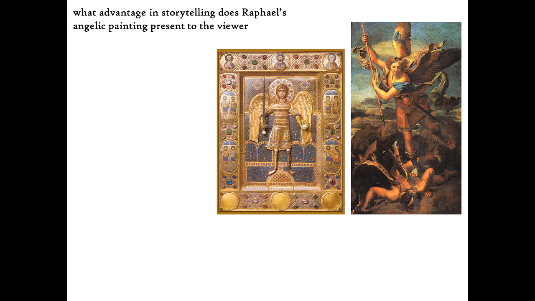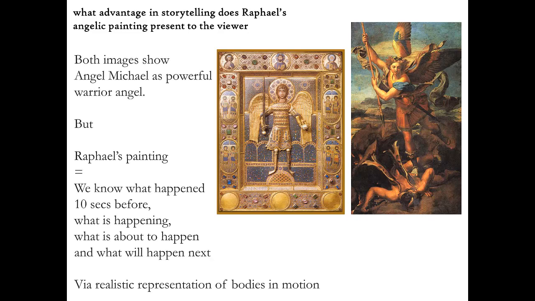Heck yeah, they do. So, what's the advantage? Why change? Both images show the angel Michael as a powerful warrior angel. In the icon, we've gone over it, the sword, the globe, right? The halo, the wings.